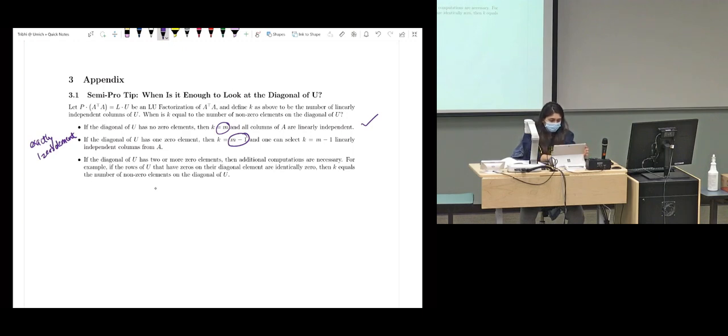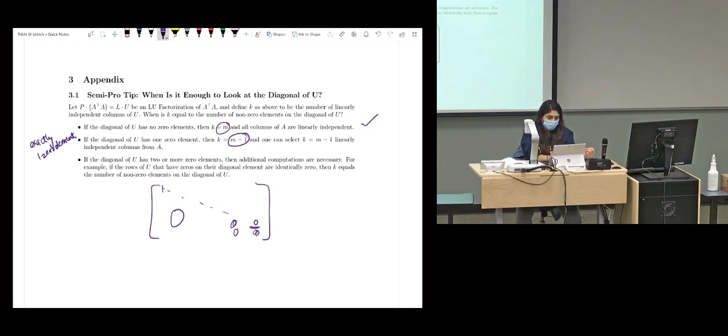What that means is, if you get more than one zero on the diagonal, so let's say this is zero and this is zero, what you actually need to look at is just this element. If this element is also zero, you're golden, and you don't have to do any additional computation.